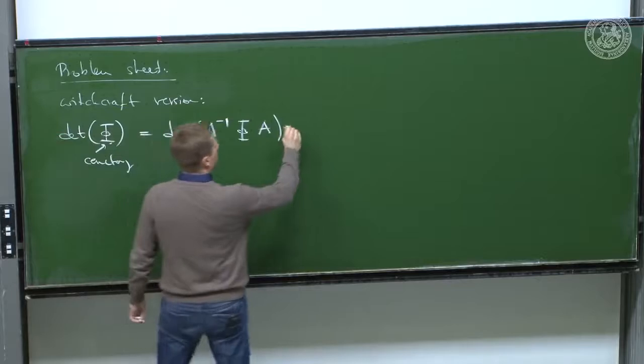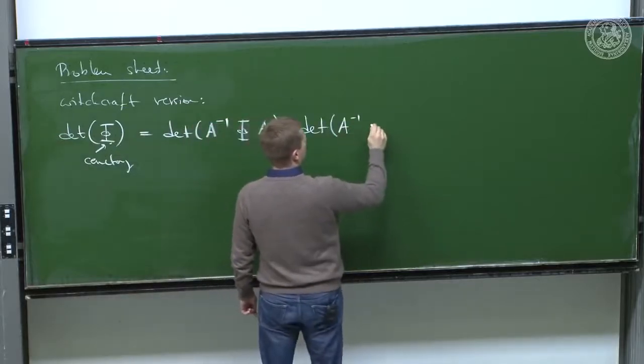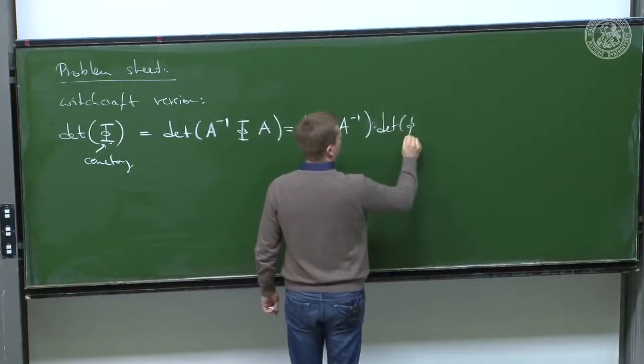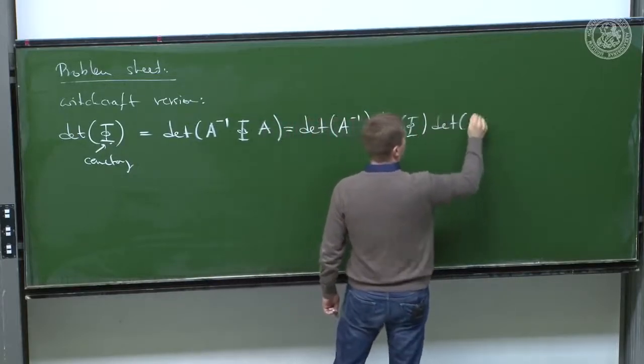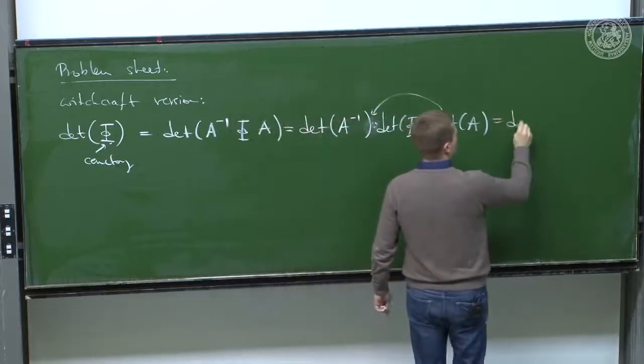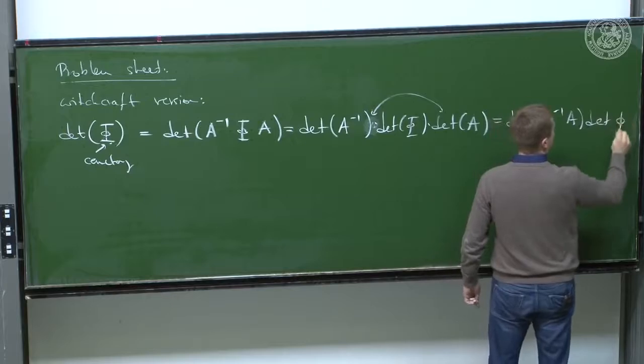And you have the rule for determinants: this is det A inverse, det A, det phi. But these are numbers, so you can push this here, and then you can use the rule backwards: det of A inverse A times phi.